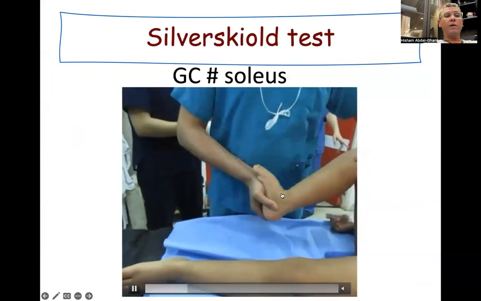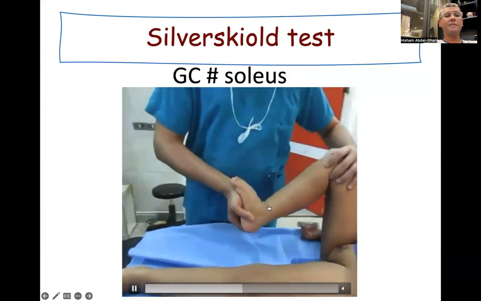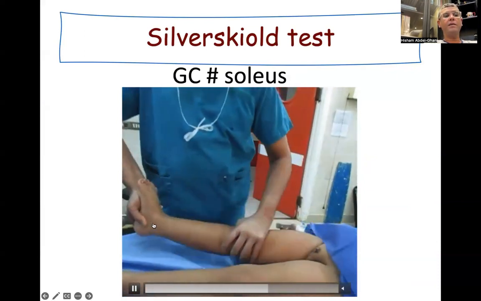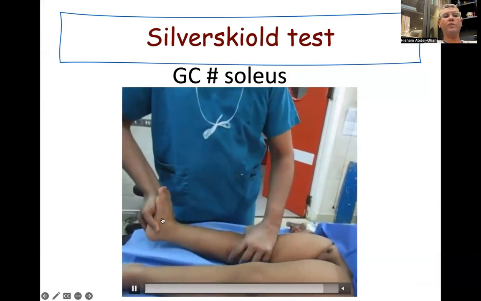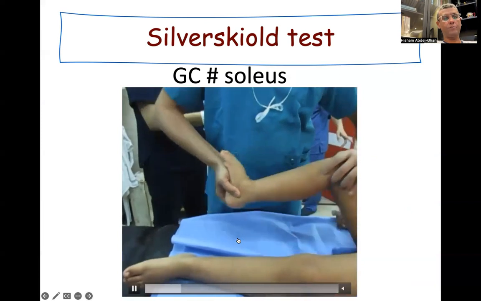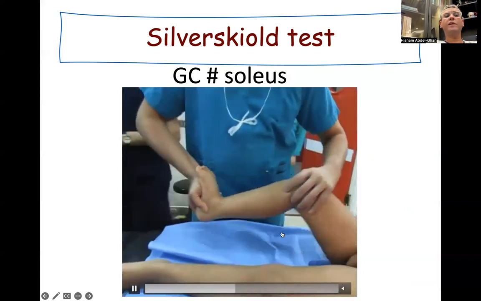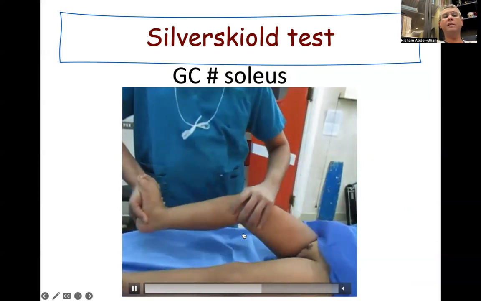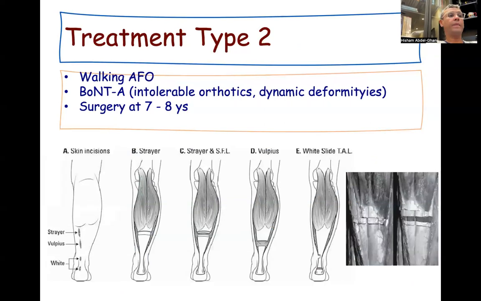Look here how I'm doing the Silfverskiöld test. I'm fixing the calcaneus in neutral position and testing the dorsiflexion of the foot with knee flexion and knee extension. In this case, I can achieve good dorsiflexion with knee flexion. That means the shortening is mainly in the gastrocnemius and not in the soleus.